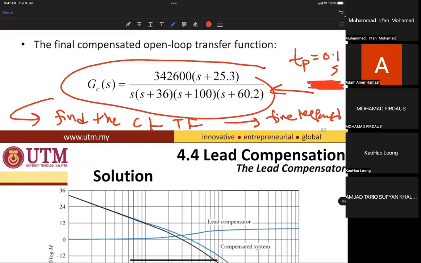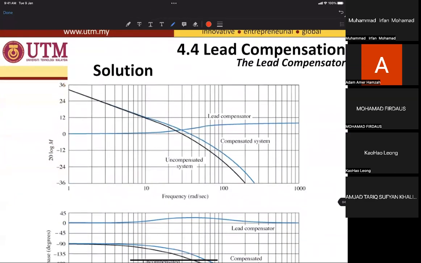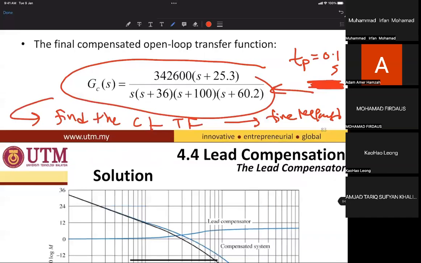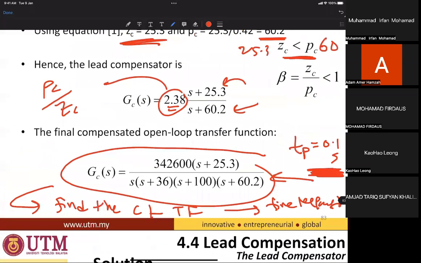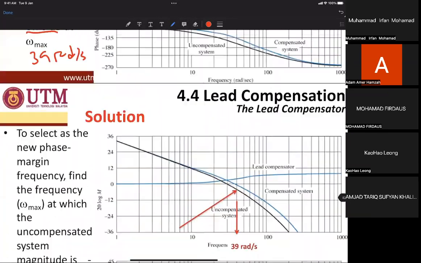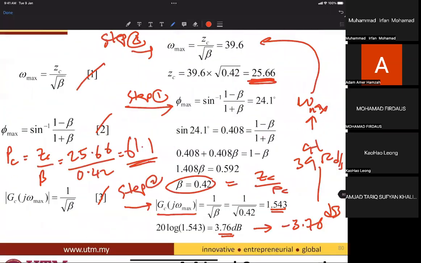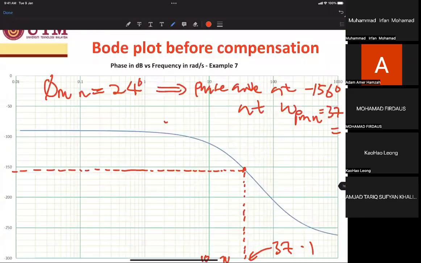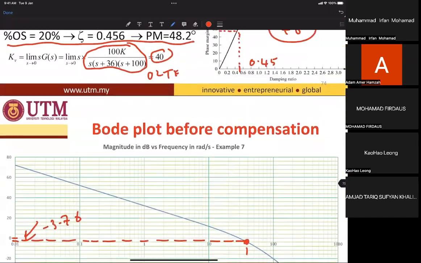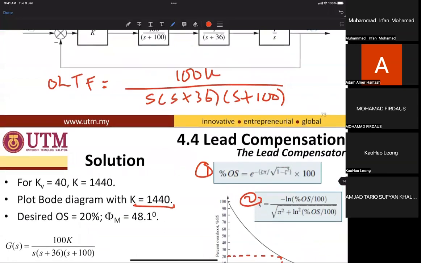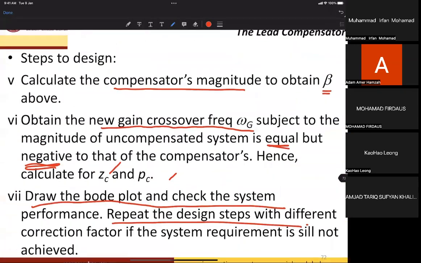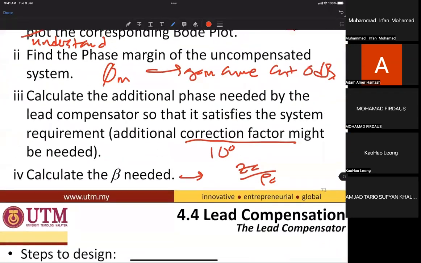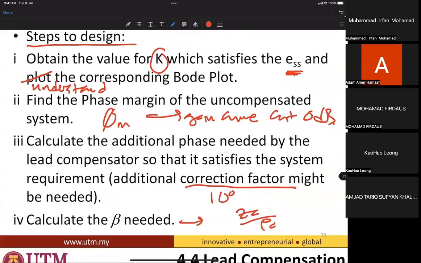If there is no question, I have a question. Can we go to slide number 71? Number 3 stated that an additional correction factor might be needed.